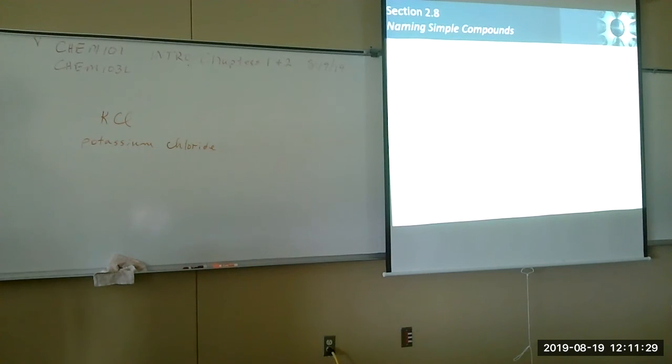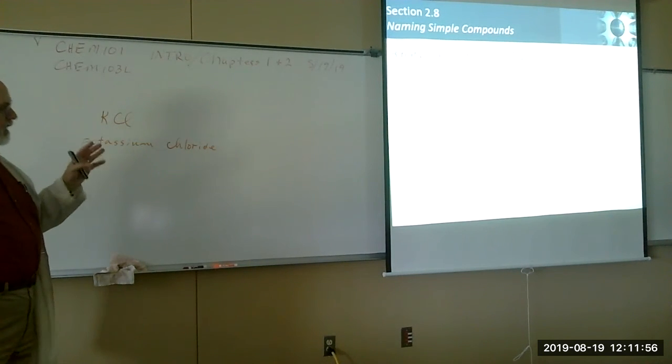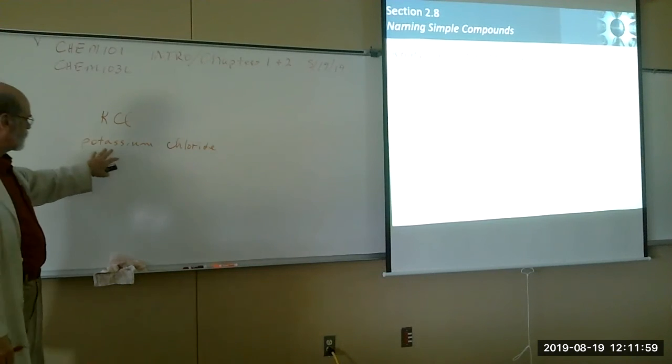So those you just have to memorize. And that handout that I gave you shows you the ones that I want you to memorize. About half of them. And I think most of those include, well, iron, right? Ferrum, it's Latin for iron. Okay, I digress again. So that's how you name a type 1 compound.